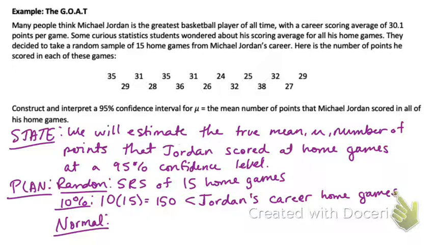Yes, sir? I'm just getting an error. What does it say? Do you have data in your stat edit? You have to put the data in, otherwise there's nothing to make a box plot of.